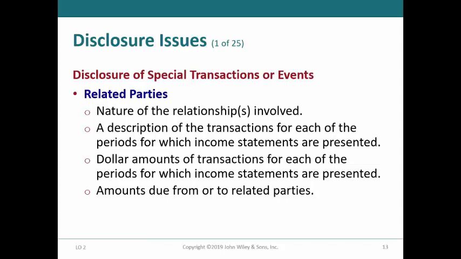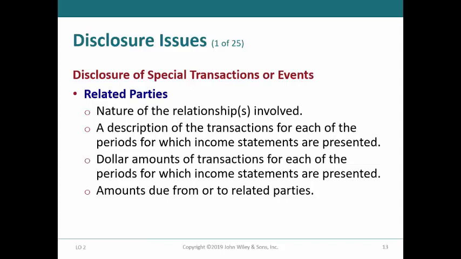Examples of related parties include officers, directors, principal owners, and members of their immediate families, as well as affiliated companies such as subsidiaries. Related party transactions require disclosure of the nature of the relationship, a description of the transactions for the periods presented, and the dollar amount of transactions, including amounts due from or to the related parties.